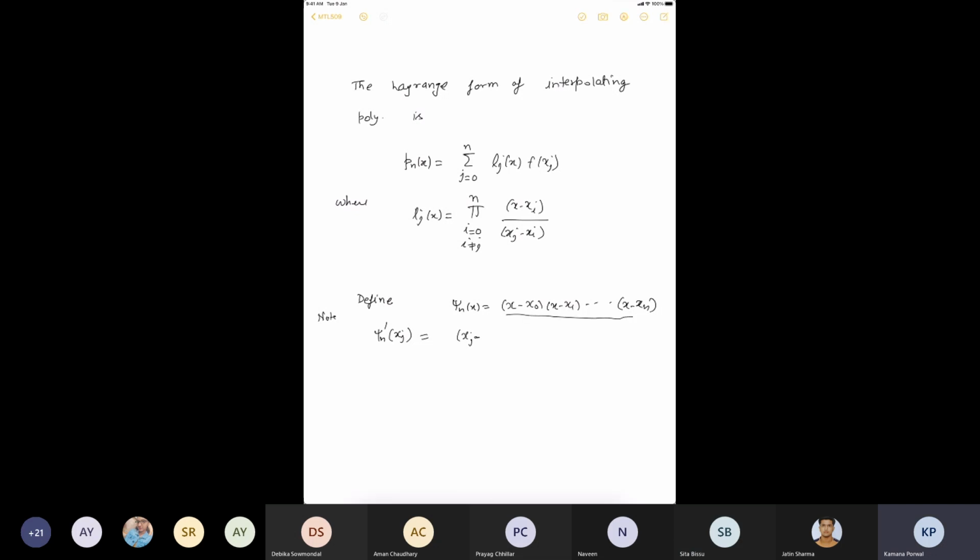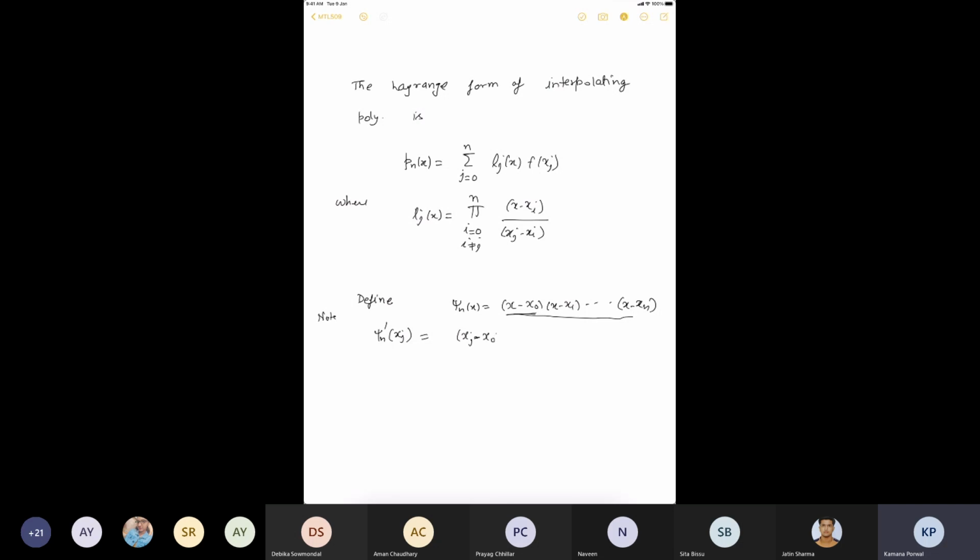You will be applying the multiplication rule here, differentiating each term every time. When you substitute x equal to xj, all the terms will be zero except the term which arises upon the differentiation of x minus xj. So this is what we are going to have as an output.